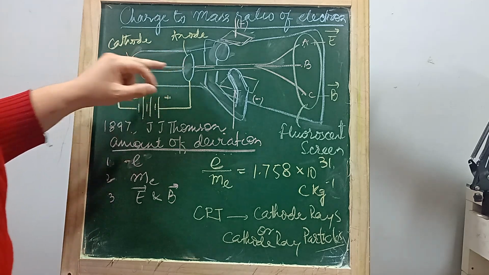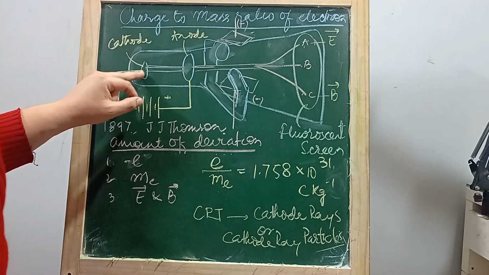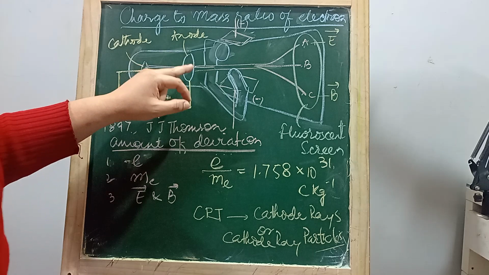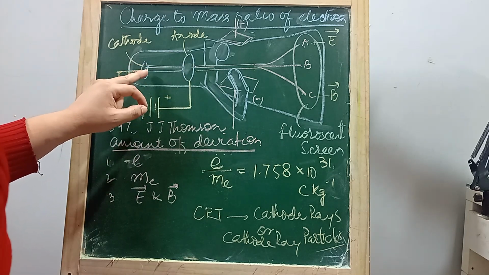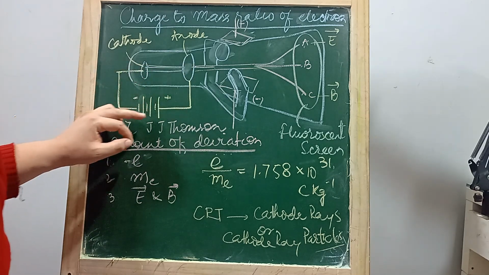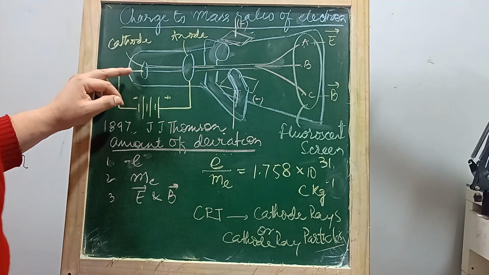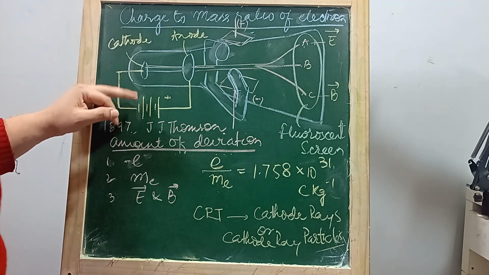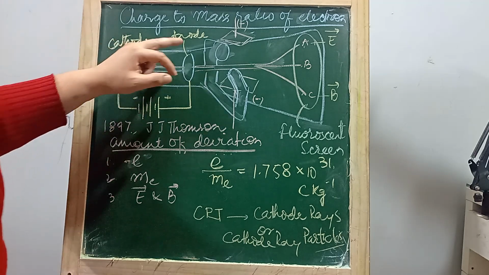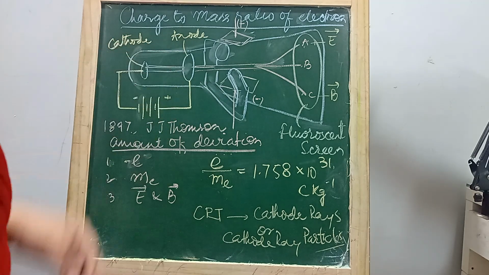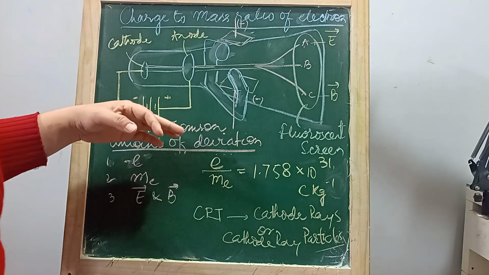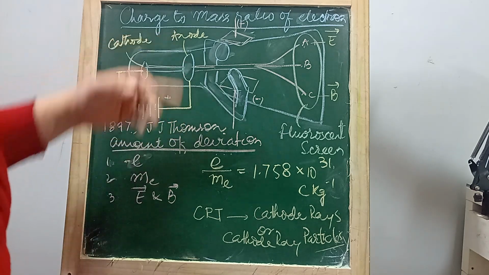Here he is still using two electrodes, the cathode and the anode, connected to a battery of high voltage. The one connected to the negative part of the battery is known as the cathode, and the electrode connected to the positive part of the high voltage system is the anode.